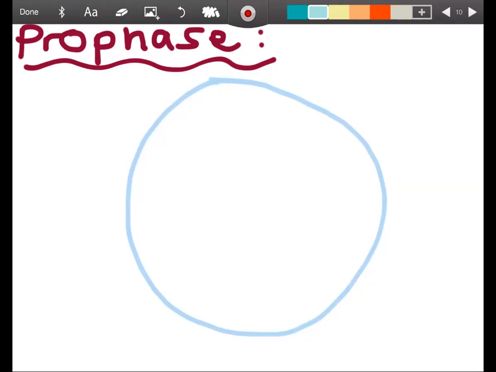So you would start to see, I'll put them in orange, chromosomes forming. And of course, in the human cell, remember, we're going to have 46 chromosomes in total. And they are going to all condense and become visible because they are so condensed.